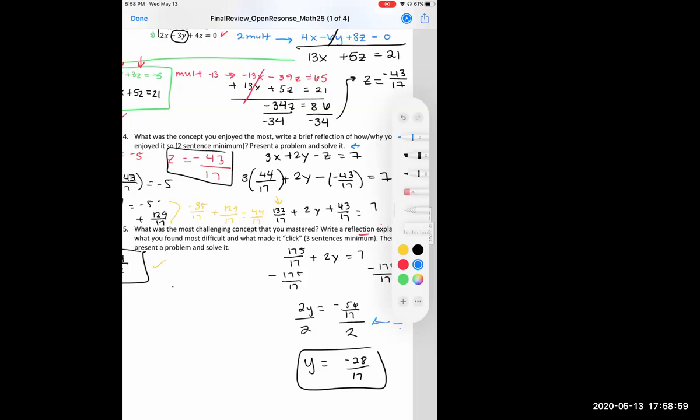You can think of it as negative 56 over 17 divided by 2. And how do we divide fractions? We have negative 56 over 17. We multiply and use the reciprocal of the second, so 1 over 2, right? And then it can cross cancel. 56 and 2, that divides by 2. So we're left with negative 28 over 17. Okay. Thank you. No problem.